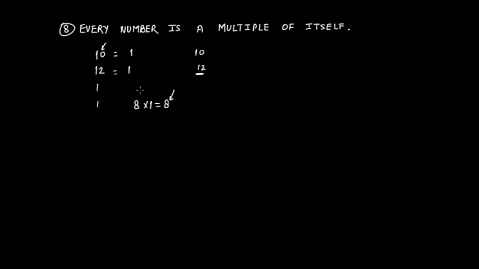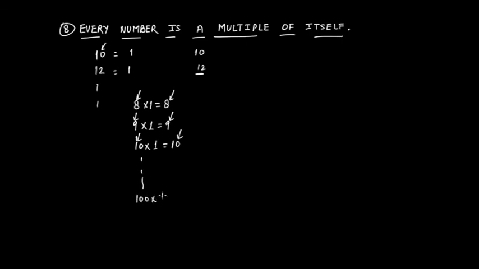So 8 is a multiple of 8. Similarly you could write 9 times 1 is 9. So 9 is a multiple of 9. 10 times 1 would be 10. So 10 would be a multiple of 10, and that's what it's saying, that every number is a multiple of itself. You go on doing this, like 100 times 1. So 100 is a multiple of 100. So you'll always get this point that every number is a multiple of itself.